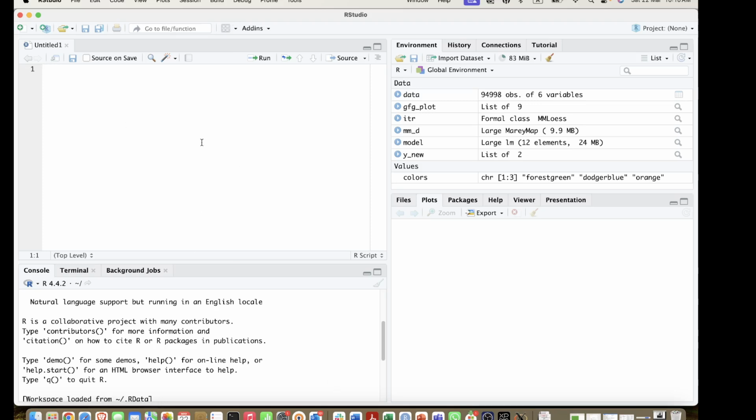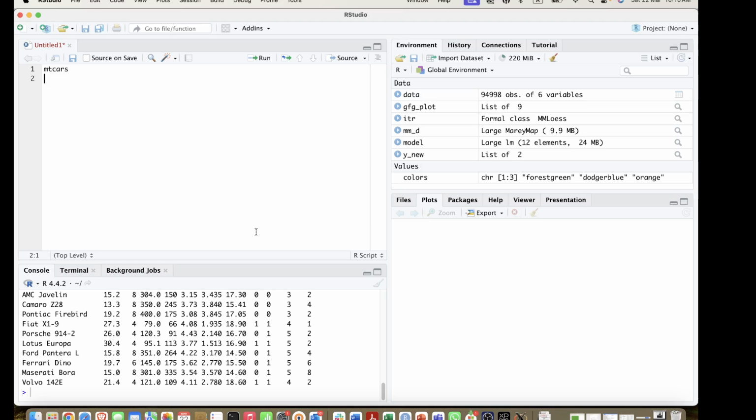Okay, so let's say I'm going to use the mtcars data set to demonstrate my approach.